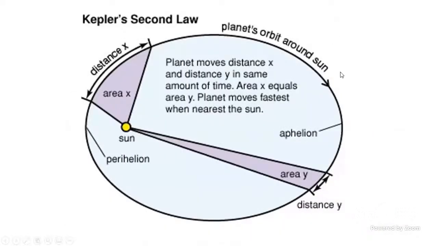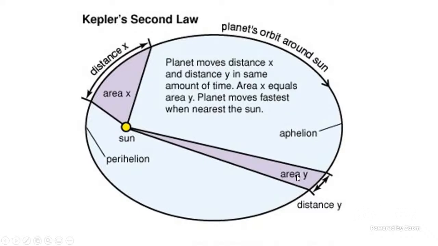The second law of Kepler states that if we take, for example, this distance which a planet travels in a certain time t, and this distance that it travels in the same time t, the area x is equal to the area y.